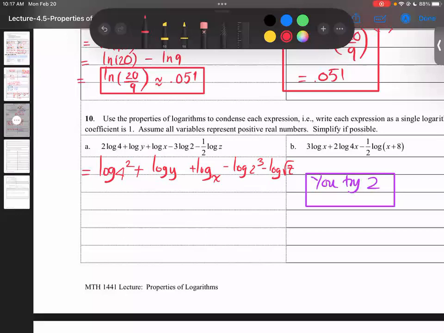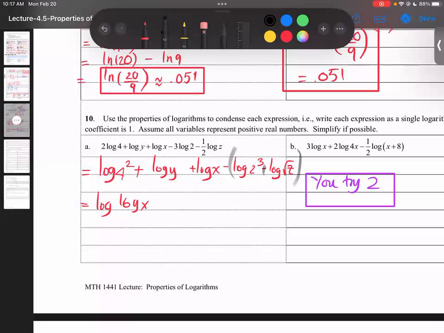I can combine the first three, right, using the product rule. 4 squared is 16. 16 times y times x. Sorry, my x should be up here, it looks like it's in the base. Now, for the last two, I'm going to factor out the negative one like I did earlier. That means I have to change the sign, right?